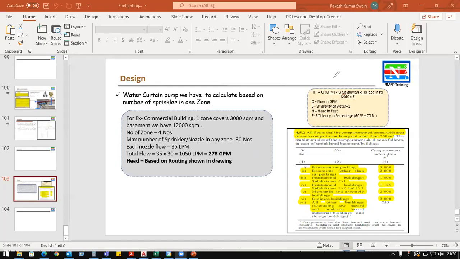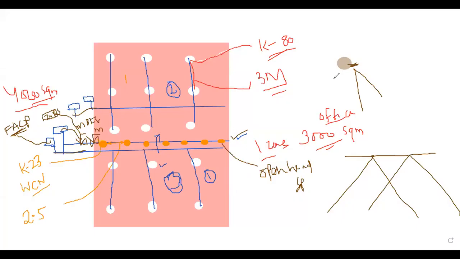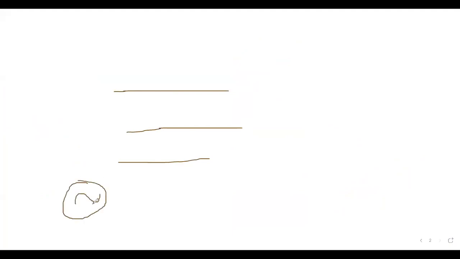We are not doing hydraulic calculation, boss. Okay, one minute, let me clarify your doubt. For example, we have three basements and your pump room is here. This is the critical path. How many sprinklers are coming on that? For the number of sprinklers we calculated, we arrived at a flow of 236 GPM in that calculation.